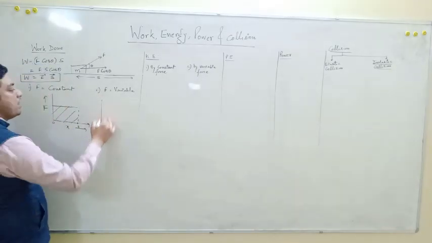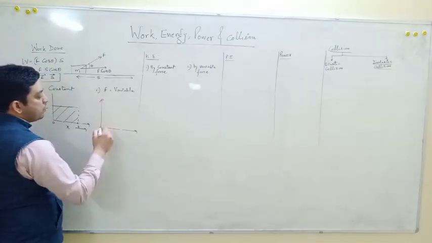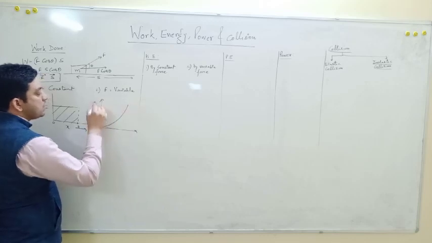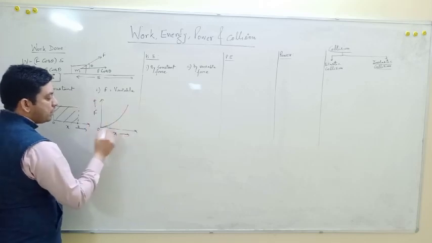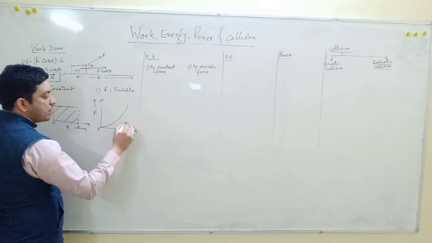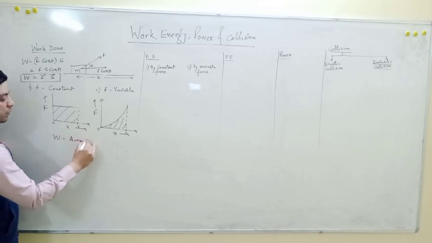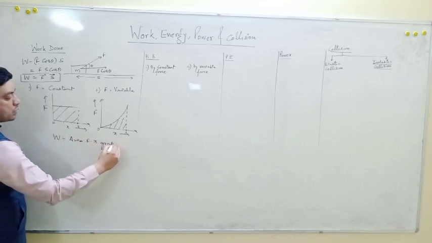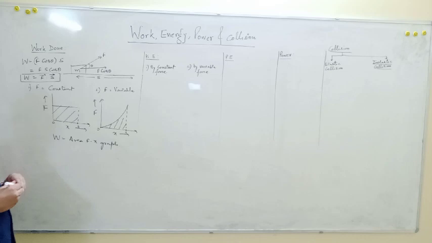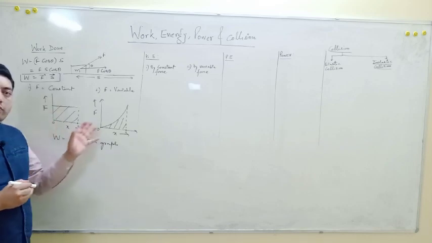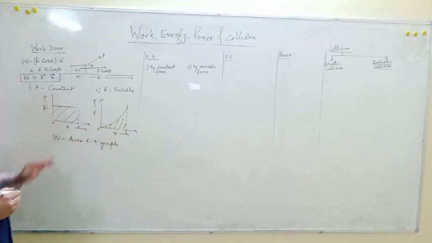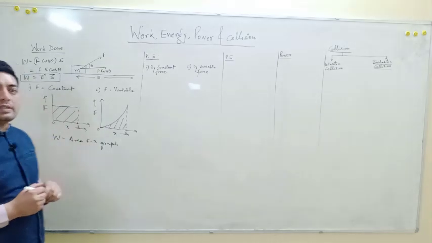Similarly, if we have a variable force, and the force is something like this, which is increasing with displacement in a non-uniform manner, and we would like to identify work done till displacement S, then area under force displacement graph gives us work done. So if we have a constant force, then also if we have a variable force, then also work done is dot product of force and displacement.